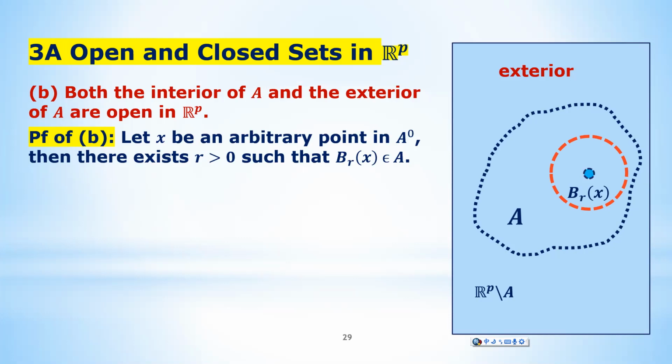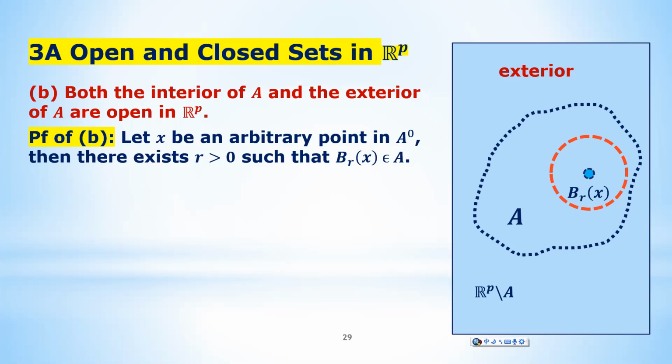Interior and A can be different. At this stage, we're just showing that there is a ball of x contained in A. What we really want to show is that the whole ball is inside the interior. We haven't reached that yet. We only see that this ball is inside A.